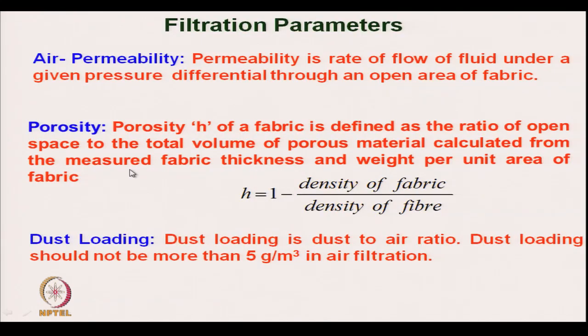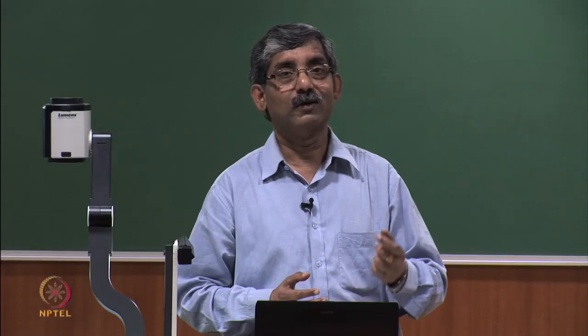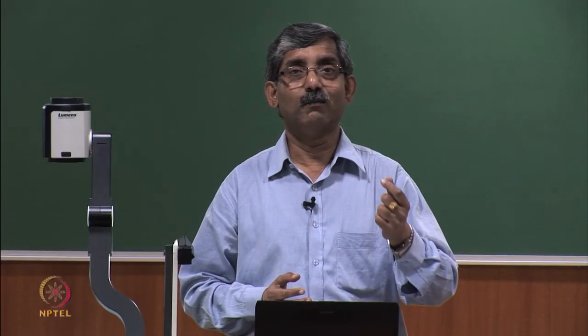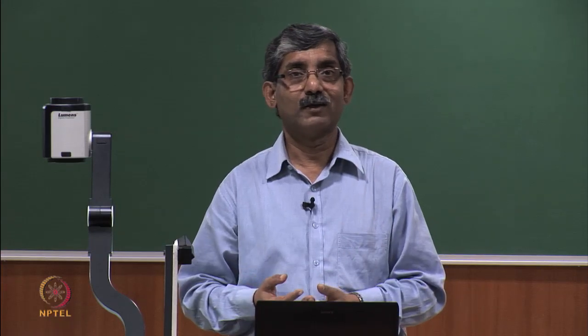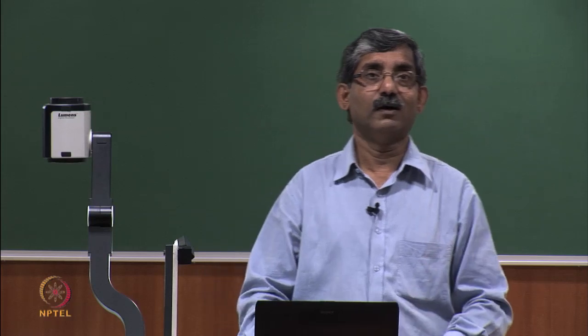Now, this instrument can measure the air permeability, that is, when we are not feeding any dust, if we measure the flow rate per unit area of fabric. So, by measuring the air flow rate, we can measure the air permeability of fabric.